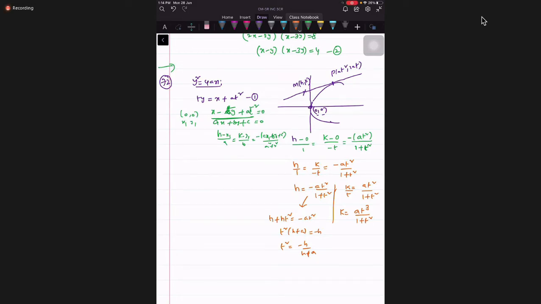Anything we can try over here. Or if you square and add, we will also get some relation. Directly if you add. This is t square.